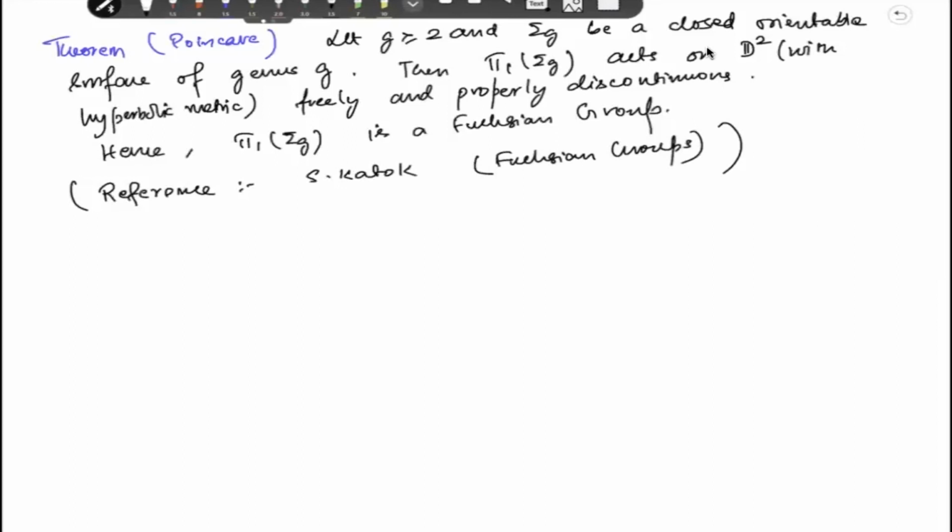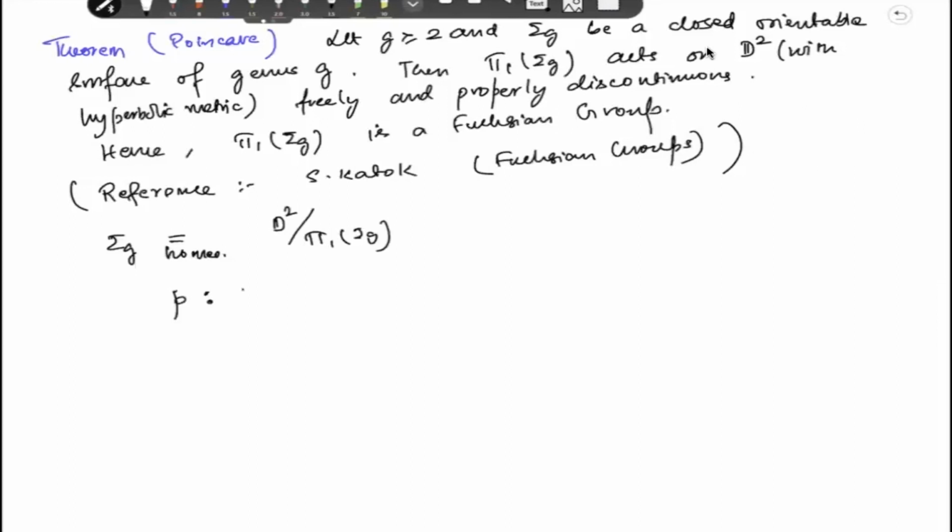Okay, so now how do we get a hyperbolic metric on this genus g surface where g is greater than or equal to 2? Again, let me write down: sigma g is homeomorphic to this quotient space, and we have a covering map.